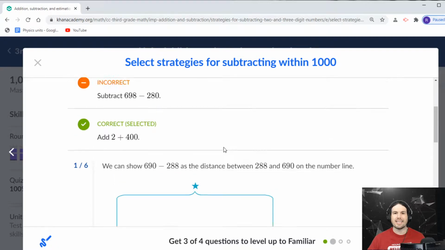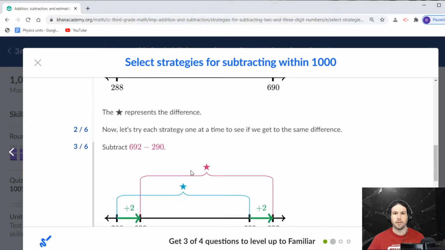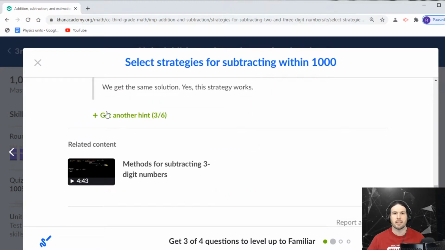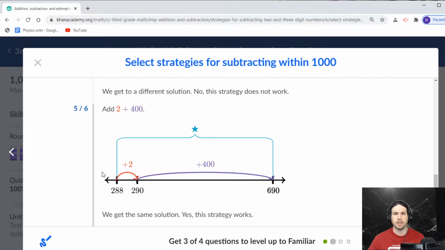So to get to 692 minus 290, it just moved it to the right 2 spaces. That's fine, but that's not the one that we're worried about. Okay, fine, that one doesn't work. Add 2 plus 400. Okay, so I disagree with this.